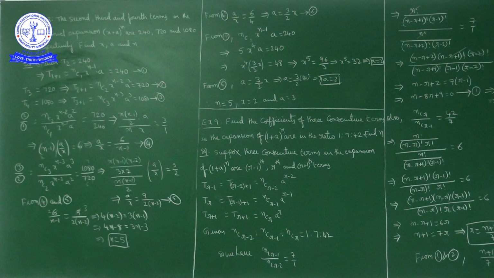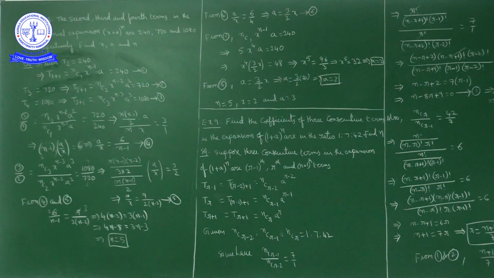I'll mark this one as 3. And T4 is given as 1080. T4 we can write as T(3 plus 1), that is nC3 x to the power n minus 3 into a to the power 3, equal to 1080.